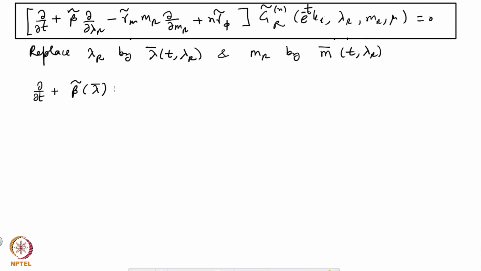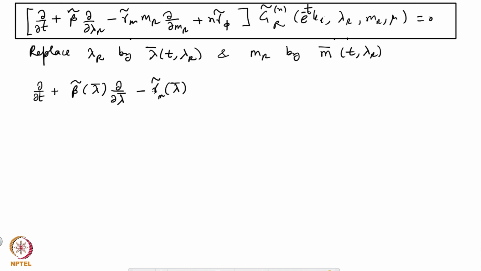And then we have delta over delta lambda bar, because wherever you have lambda r, you replace by lambda bar, minus gamma tilde m, and this written as function of lambda bar.